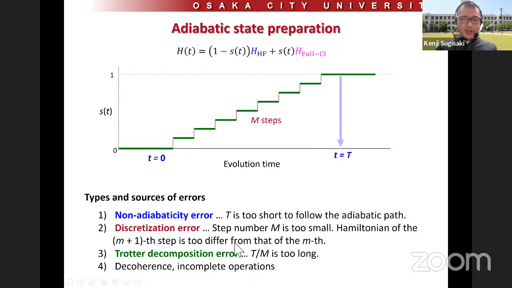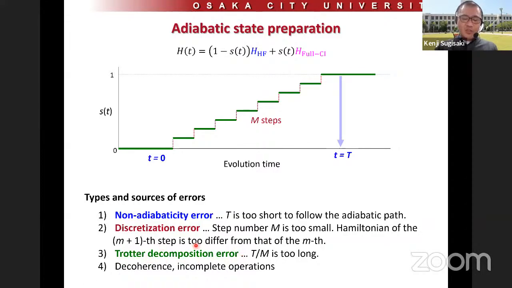Another source of error is, of course, that we have to simulate the time evolution of the wave function. In order to perform the quantum simulation of time evolution, we have to apply Trotter decomposition to construct the quantum circuit. So we have to think about the Trotter decomposition error.